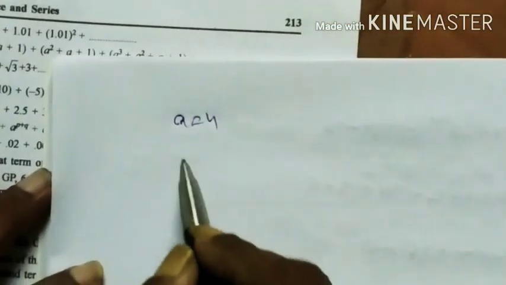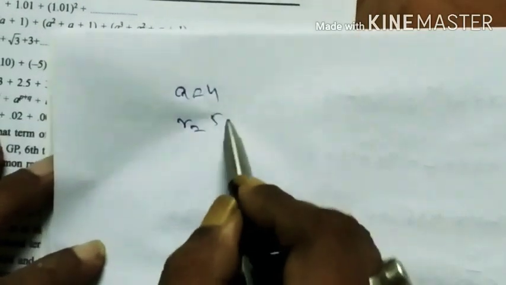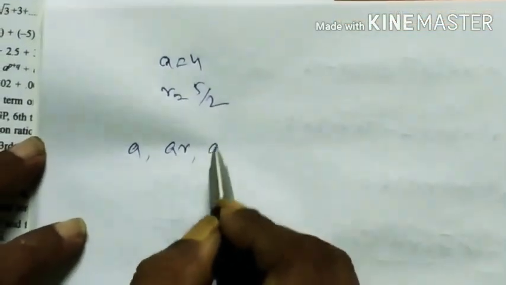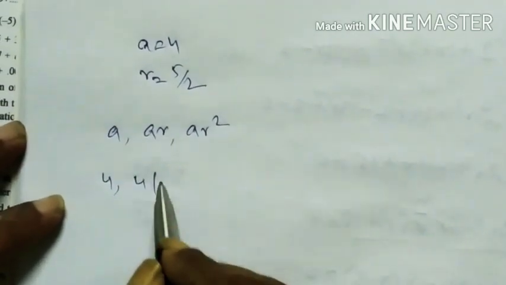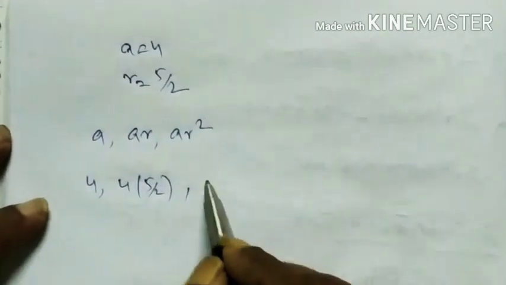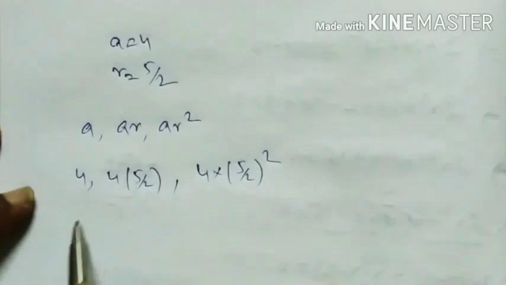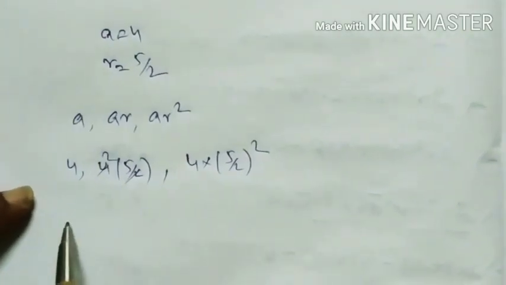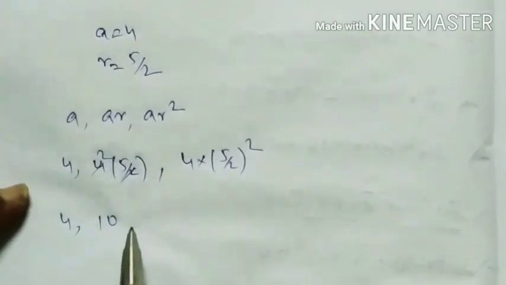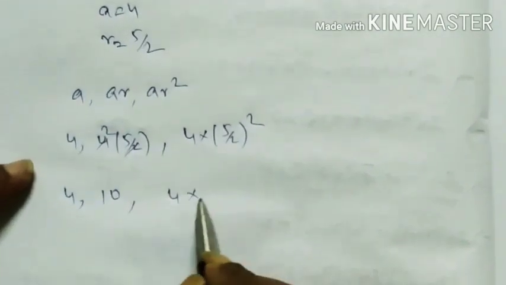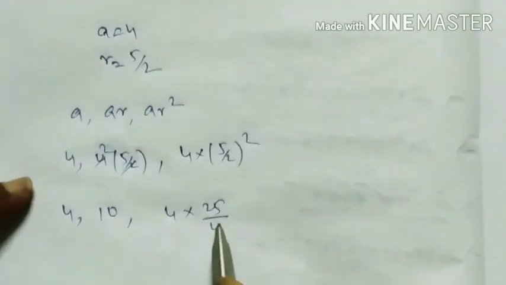For the first set, A is equal to 4 and R is equal to 5 by 2. The terms are A, AR, AR square: 4, 4 into 5 by 2, and 4 into 5 by 2 the whole square. 2 cancels out. So 4, 10, again 4 into 25 by 4.